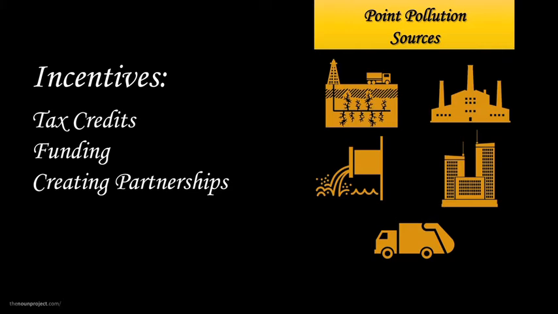A tax credit is pretty much a government offsetting a group's amount of money they must pay for taxes so that they do a certain action. And so also funding, being able to fund industries to help them change their practices, to create new infrastructure to help them, and then creating partnerships with governments, with environmental organizations to help make this better.